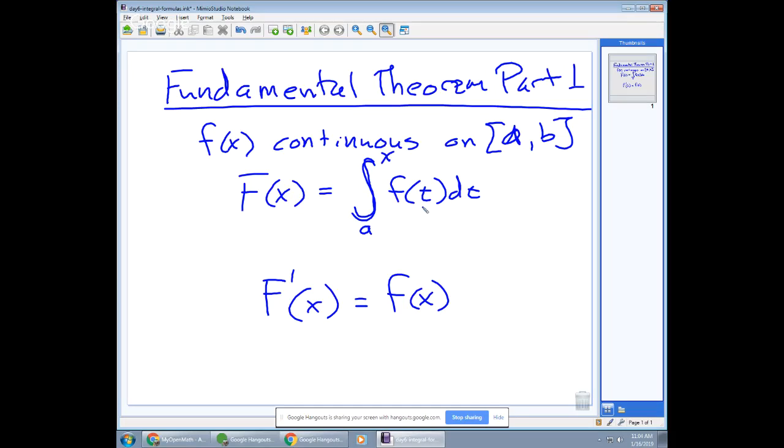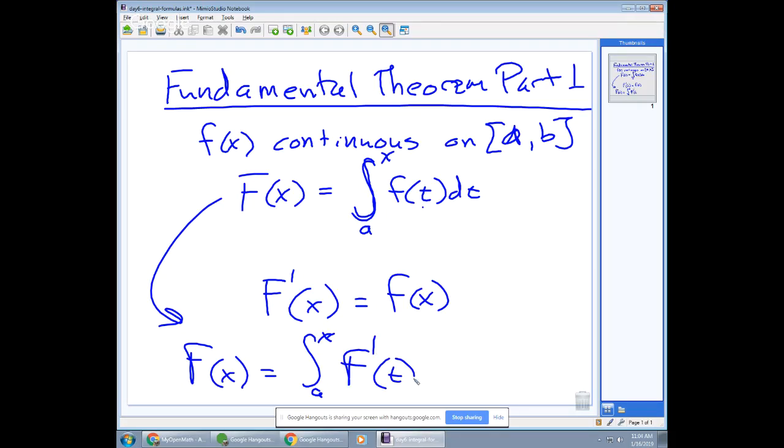So little f is big F prime. So I can rewrite my definition and say that capital F of x on its own is the integral from a to x of capital F prime of t dt.